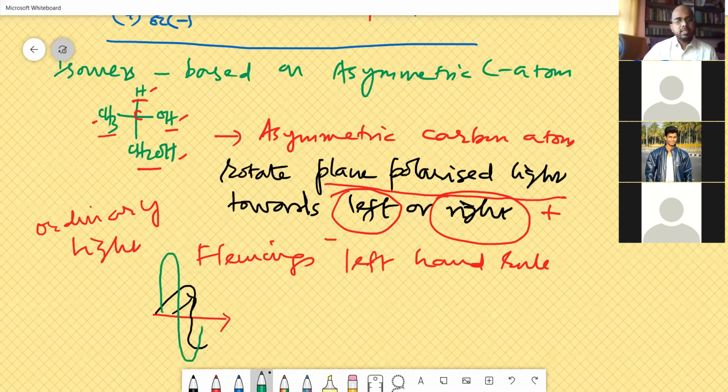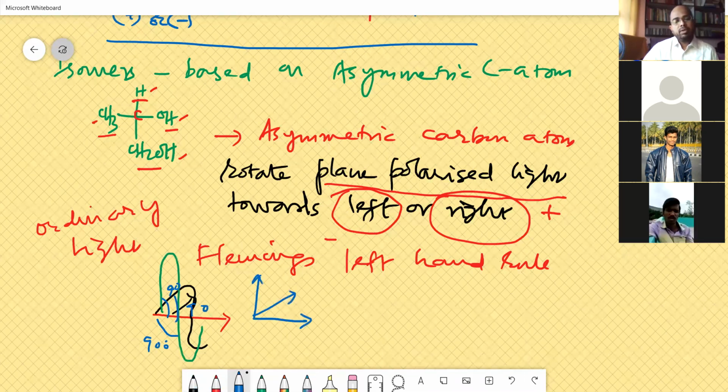This and this will be 90 degrees, and this will also be 90 degrees. 3 different directions which we define by means of coordinates. So that is the property of ordinary light.